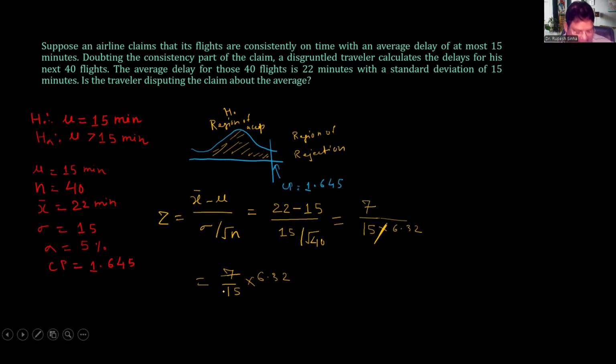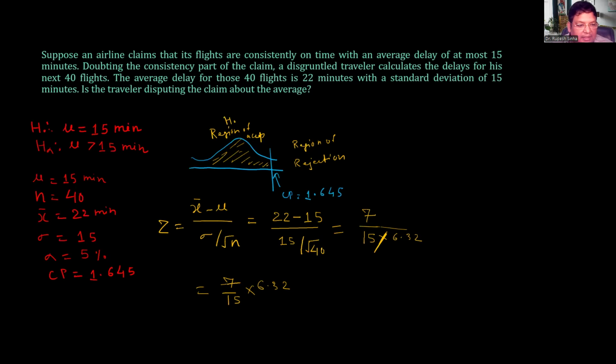So we will calculate it and check how much we are getting. 7 into 6.32 equal to 44 point something, divided by 15, equal to 2.94.